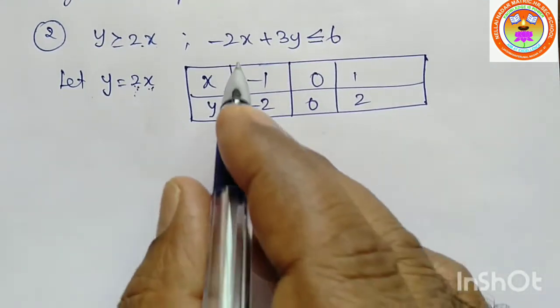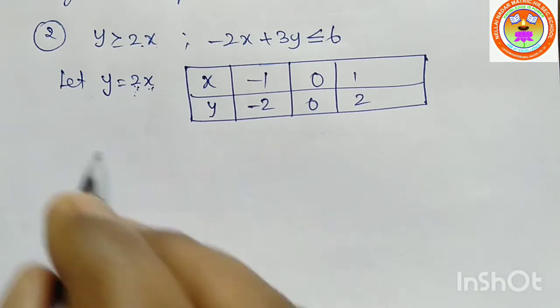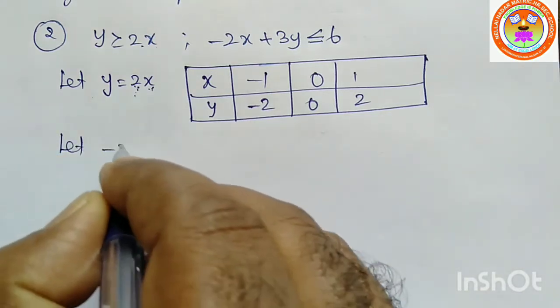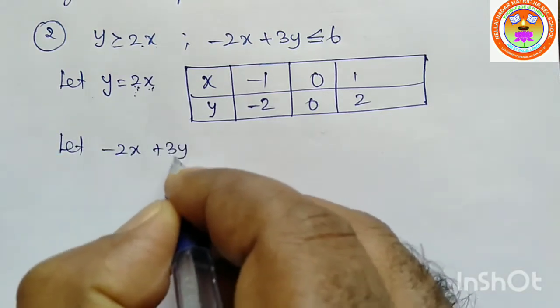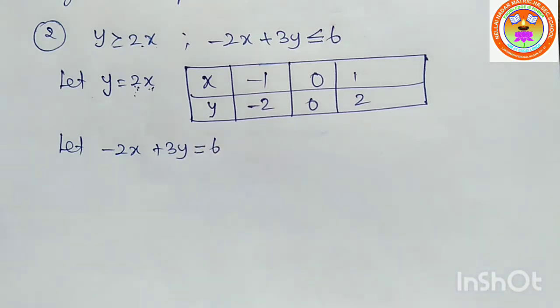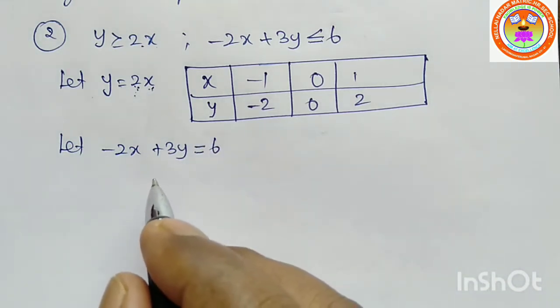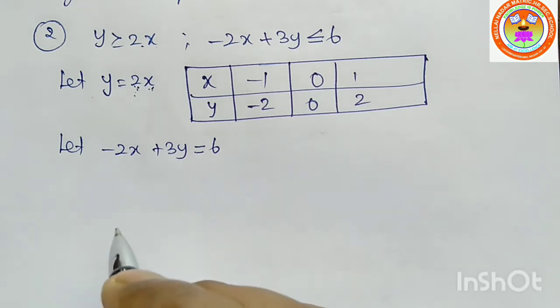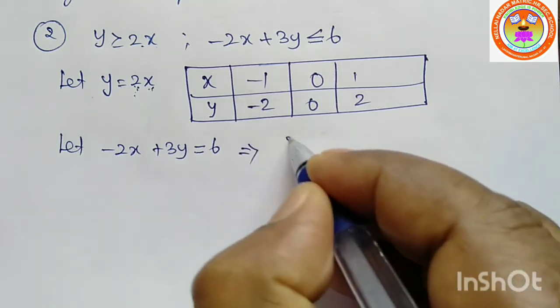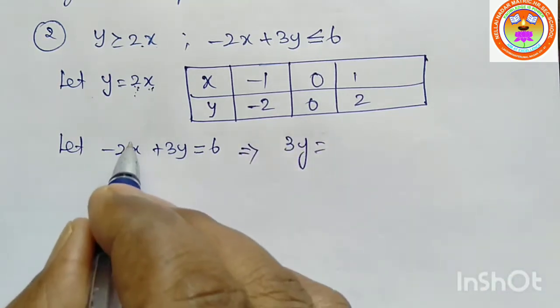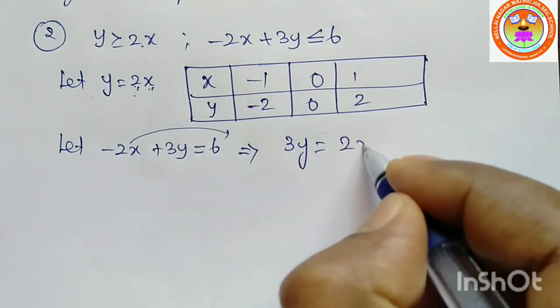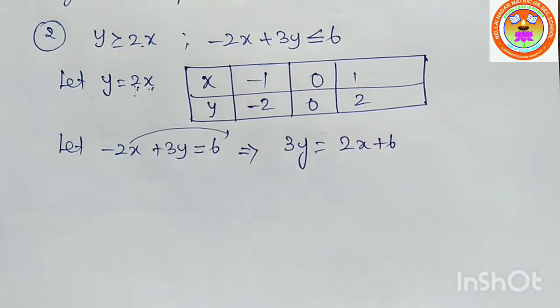Now come to the second inequality. Let us take minus 2x plus 3y is equal to 6. From this, we are going to find out the value of y. So 3y is equal to, bring this 2x that side, plus 2x plus 6.